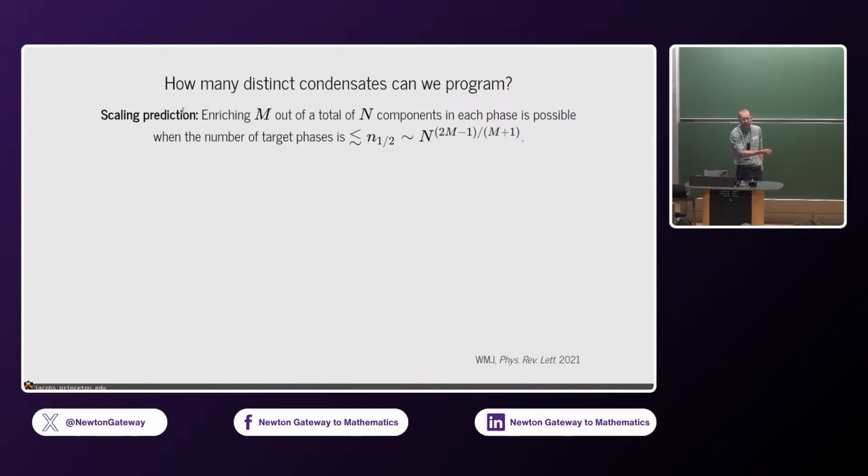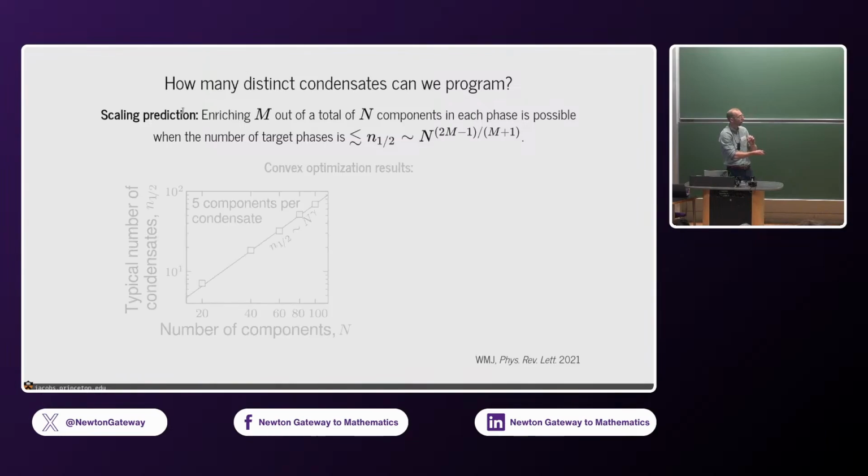And so the scaling prediction that comes out of this is that you should typically be able to find a solution that satisfies these constraints if the number of phases that you wish to program or encode is smaller than something that scales in this way. So again, I'm putting a select subset of m components in each one of my distinct phases.